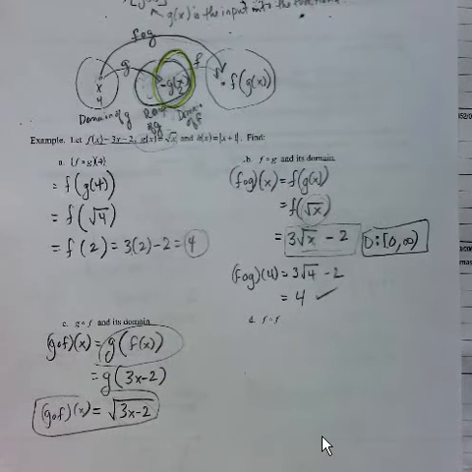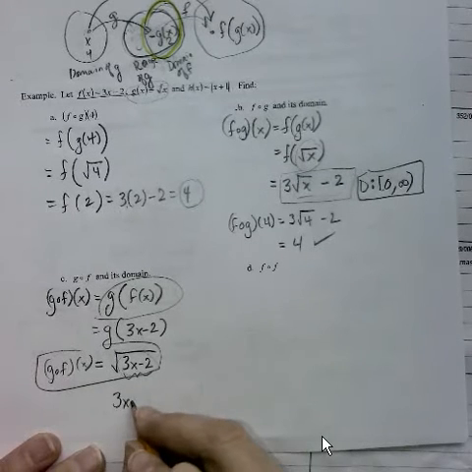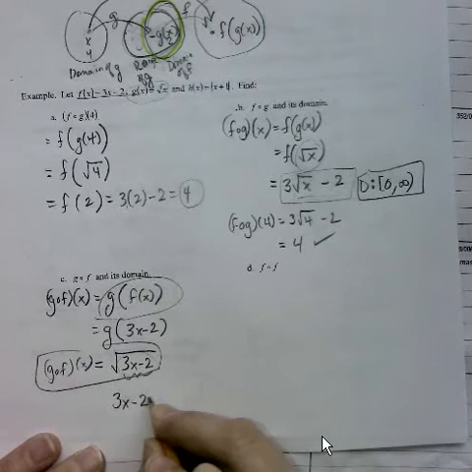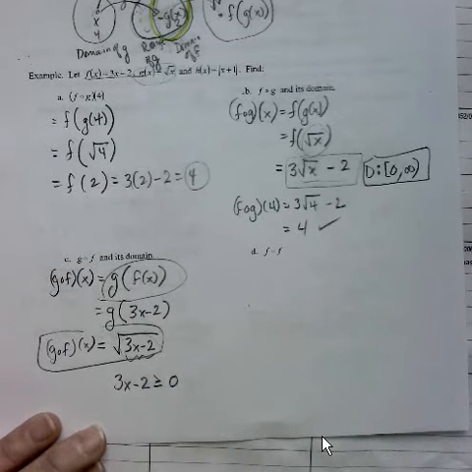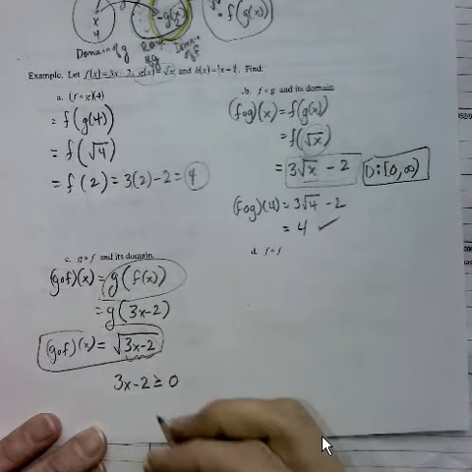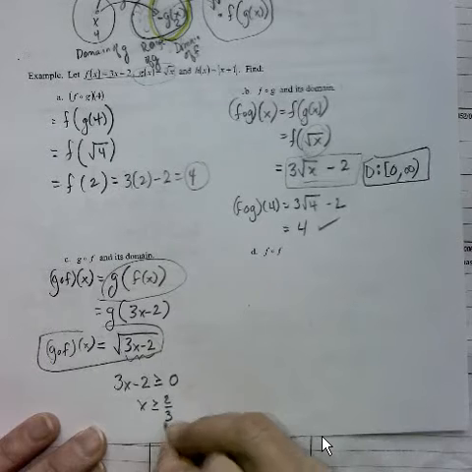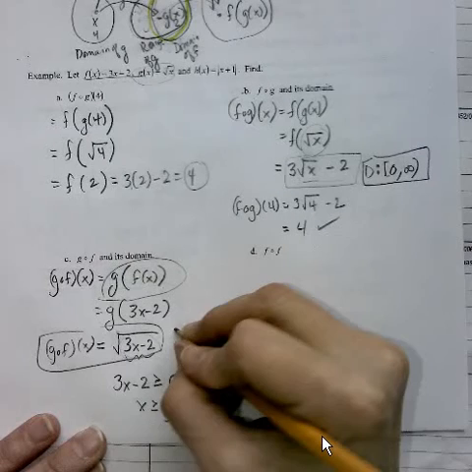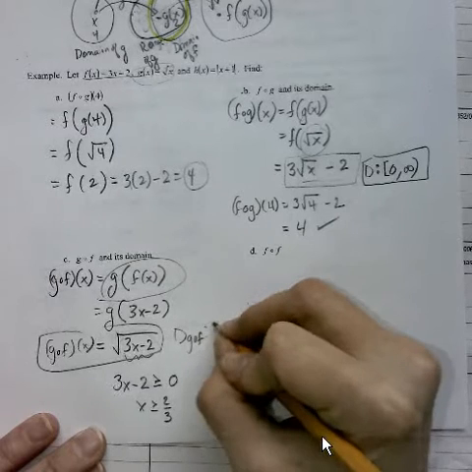So we have to keep in mind that this 3x minus 2, the things we get out here, need to be only the numbers that are bigger than or equal to 0. If we get something negative, then the square root's not going to exist. So if we solve that, we get x bigger than or equal to 2/3. So the domain of g composed with f is 2/3 to infinity.